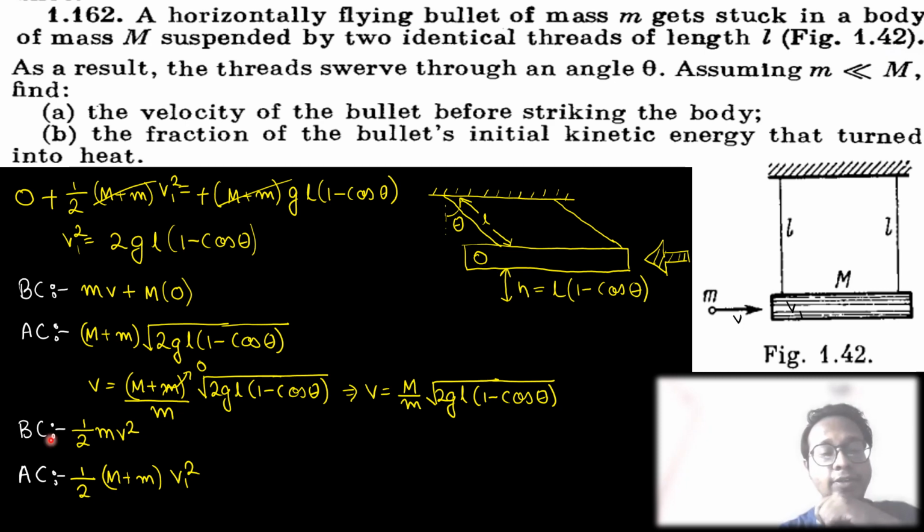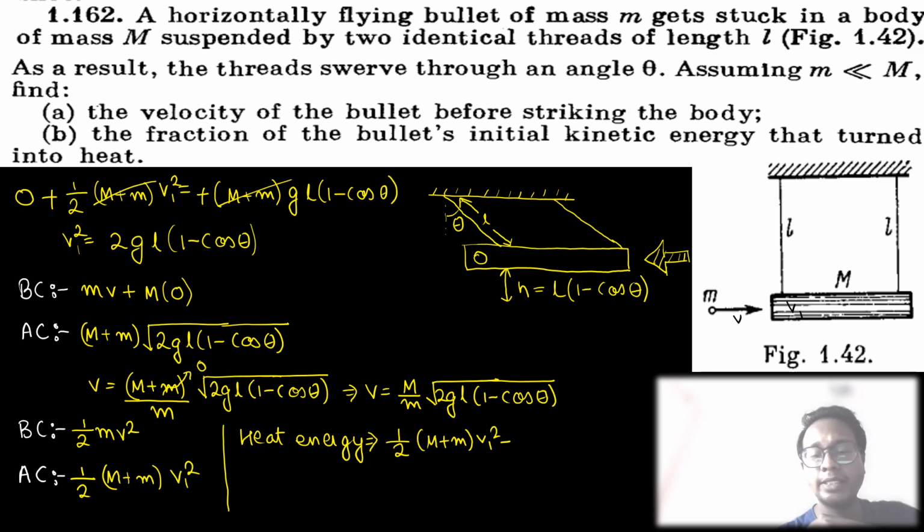And the amount of energy that got converted into heat is nothing but kinetic energy after collision minus kinetic energy before collision. So heat energy is nothing but final kinetic energy minus initial kinetic energy: half (M plus m) into v1 square minus half mv square.